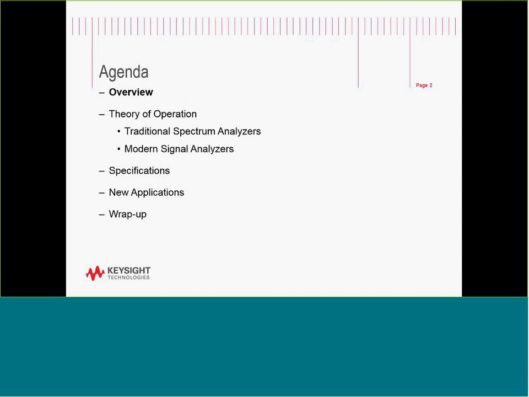Going through the traditional spectrum analyzer allows us to see the different setups that are available, and how the modern signal analyzer provides the same functionality, but without the hardware behind it. We're going to touch on the specifications because you have to make sure that the equipment you're using has sufficient specification to measure your signal, and we're going to look at some new applications.